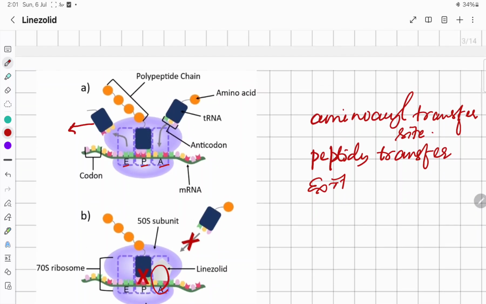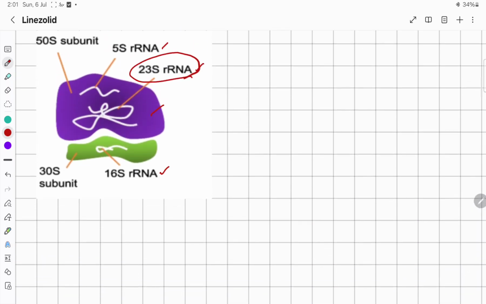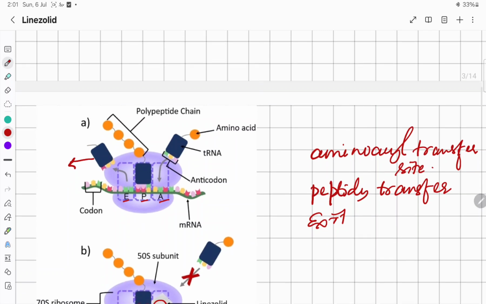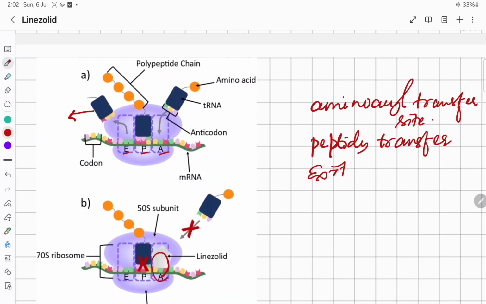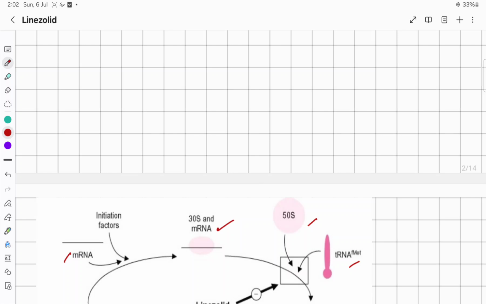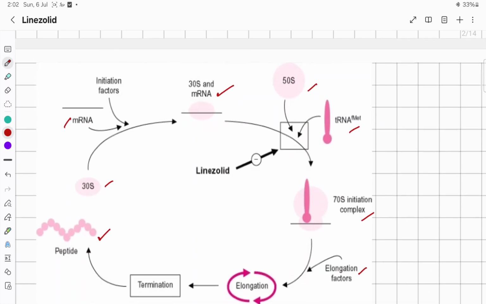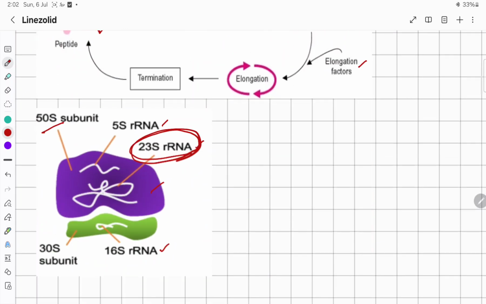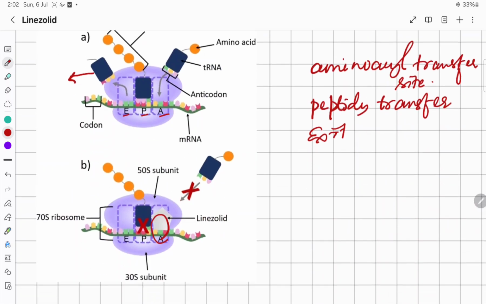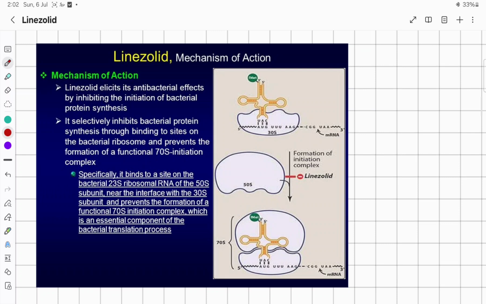of this 23S RNA portion of the 50S subunit, and in this way it inhibits the initiation complex formation. 70S initiation complex formation is inhibited by linezolid, and this is the mechanism of action.